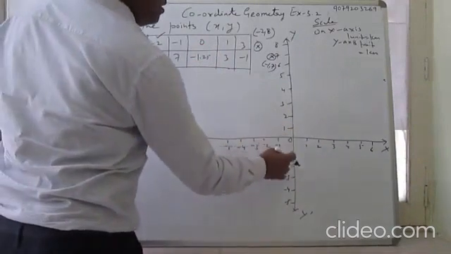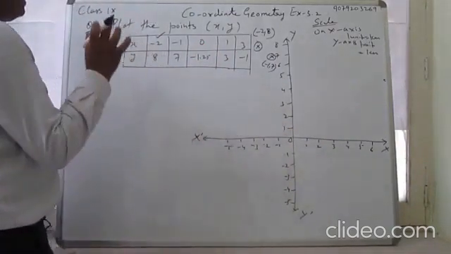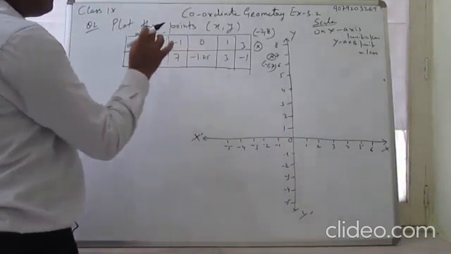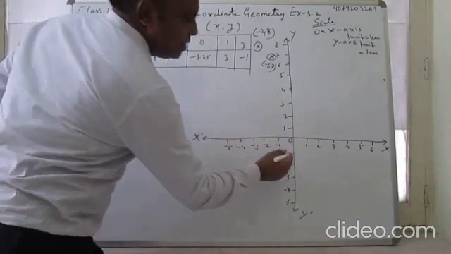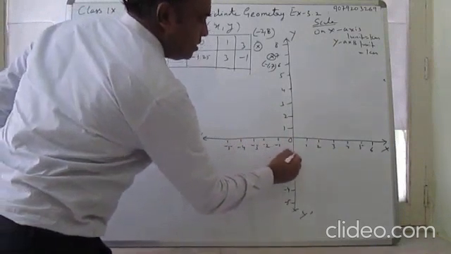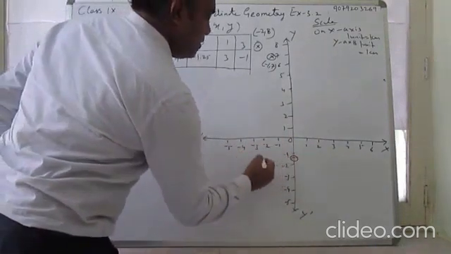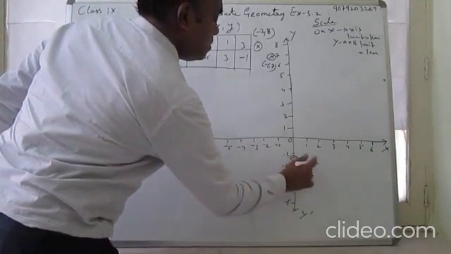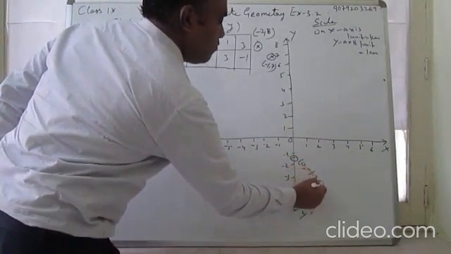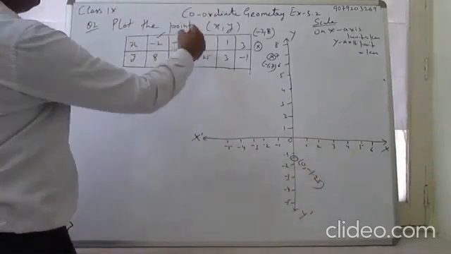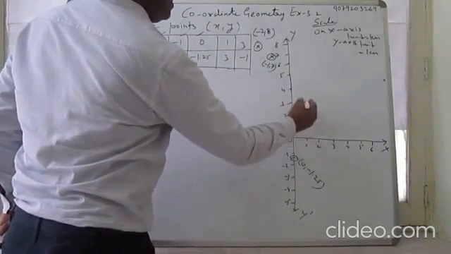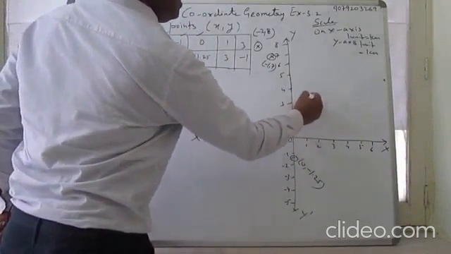There are 10 lines in between 1 centimeter, so 0.25 is between the second and third line, somewhere here. So it is 0, minus 1.25. Now 1, 3: 1 is here and 3 is here.